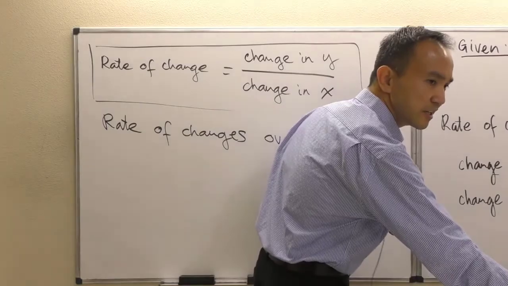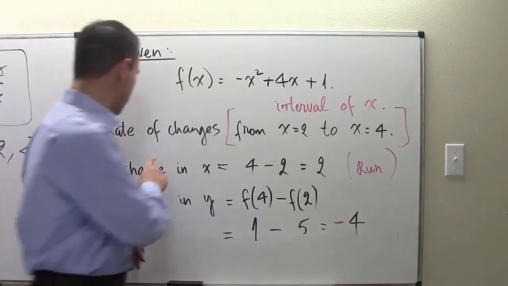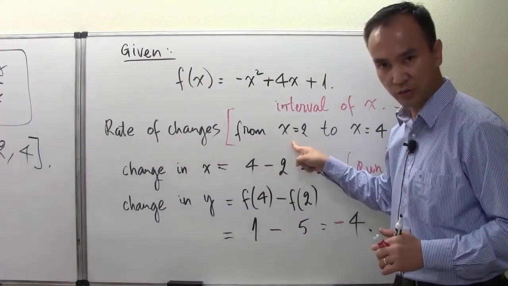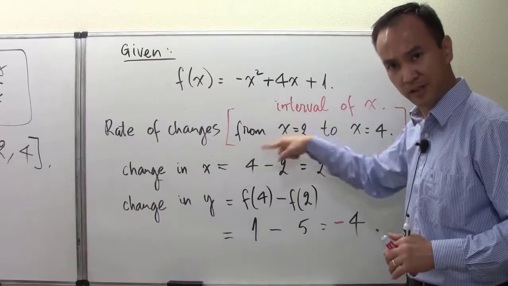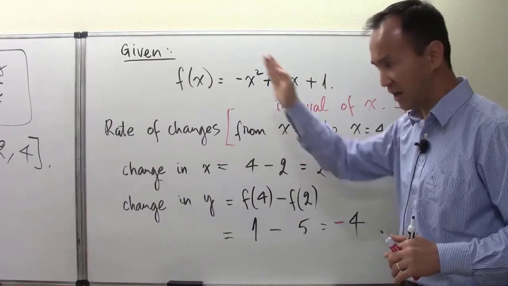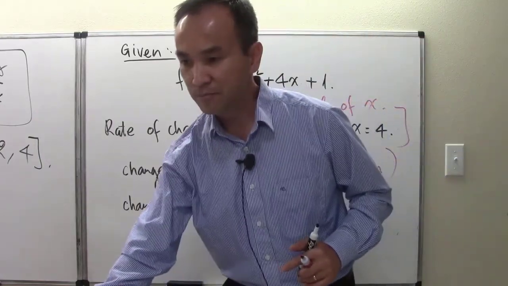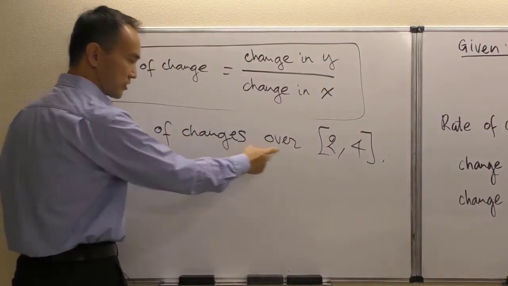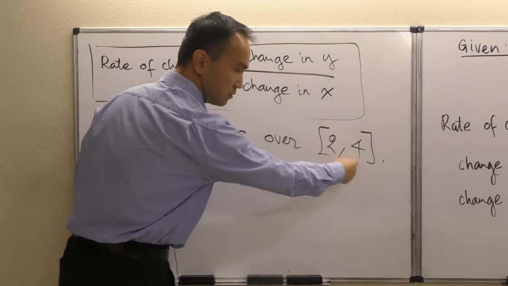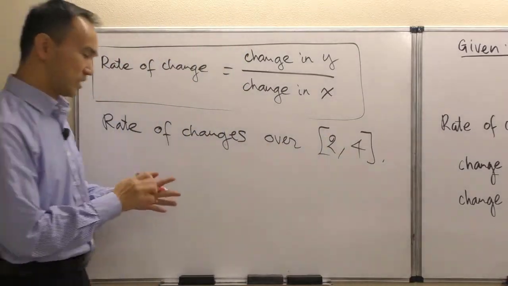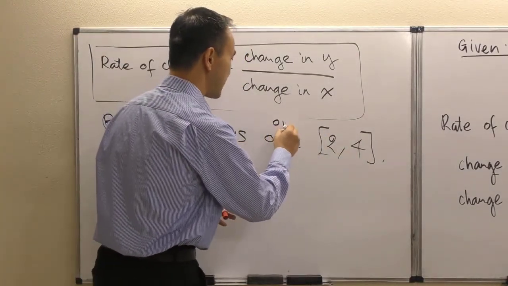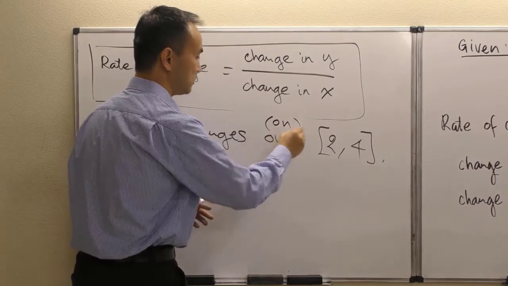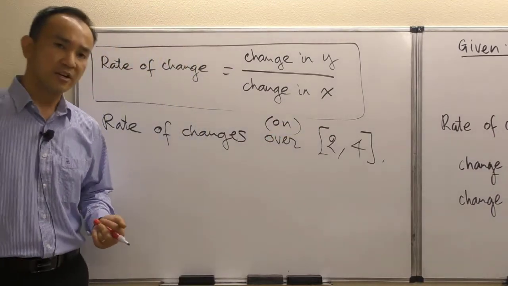That's simply a different way of saying it's a rate of change from x equals 2 to x equals 4. The long form of saying that, now we have a better symbolic form of saying it's the rate of change over that interval, 2, 4. Or sometimes you can say on that interval. These two words can be used interchangeably.